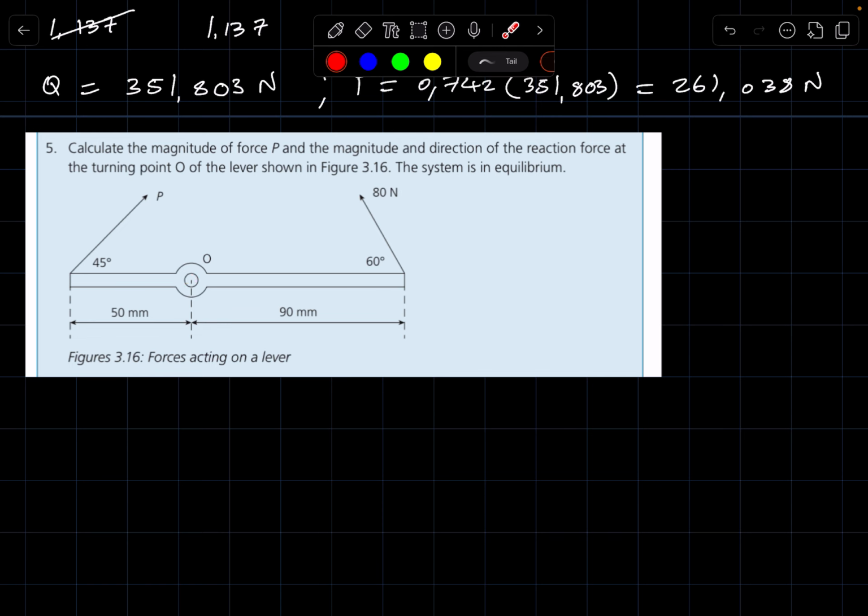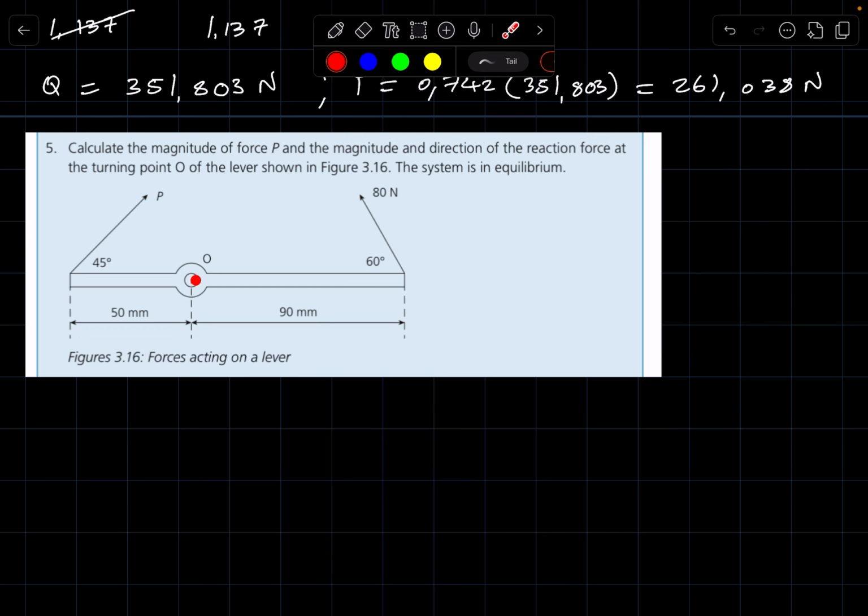And bearing in mind that the reaction force is supporting oblique forces only, the fact that the forces being applied on this lever system are oblique suggests that the reaction force at point O will also be an oblique force.